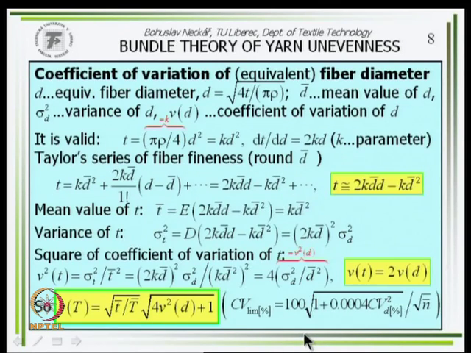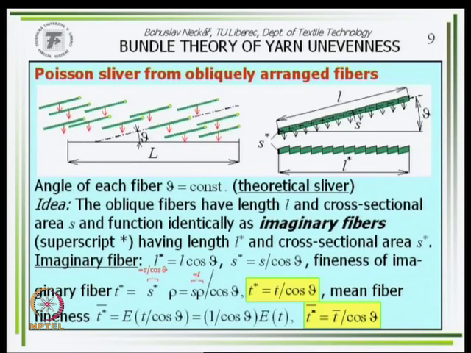Okay? So we know why this number 4 is here. It's because of this approximation of the coefficient of variation of fiber fineness. Well, this is all for the moment for a sliver having parallel fibers.